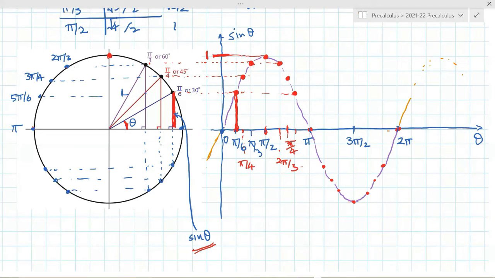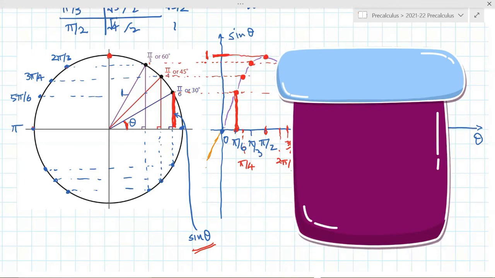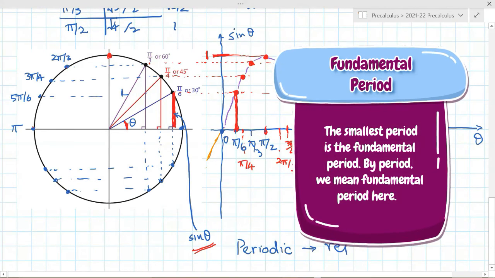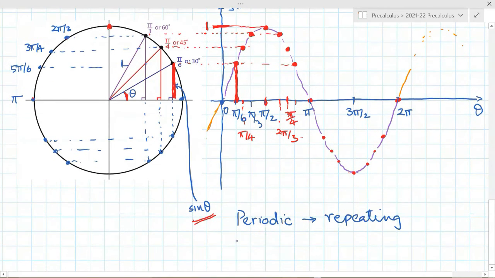This is called one period of the sine wave or the sine function. And it's called a period because it repeats. Anything that repeats is called periodic. Periodic means repeating. And one period is what repeats.